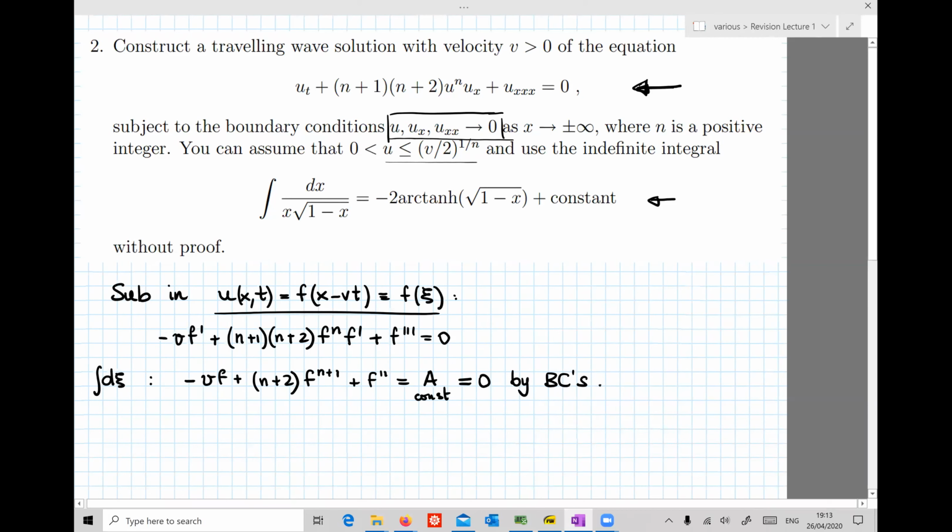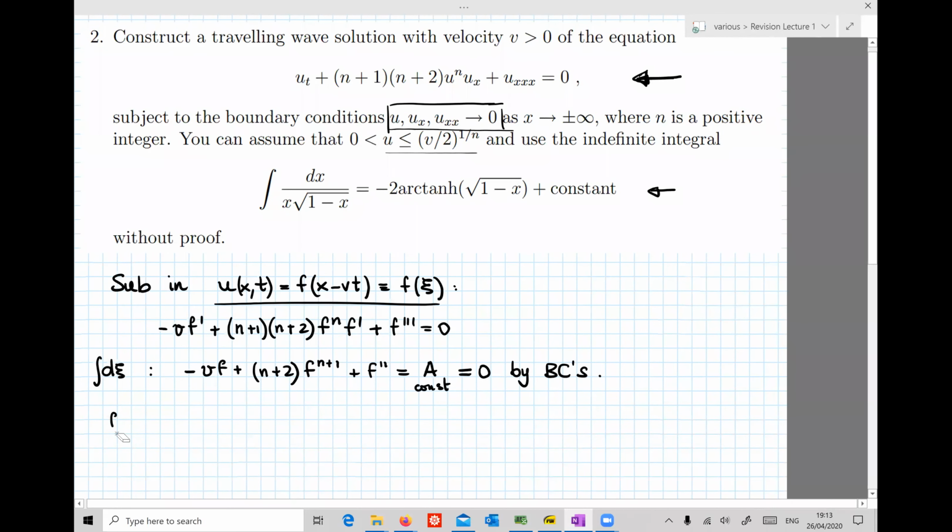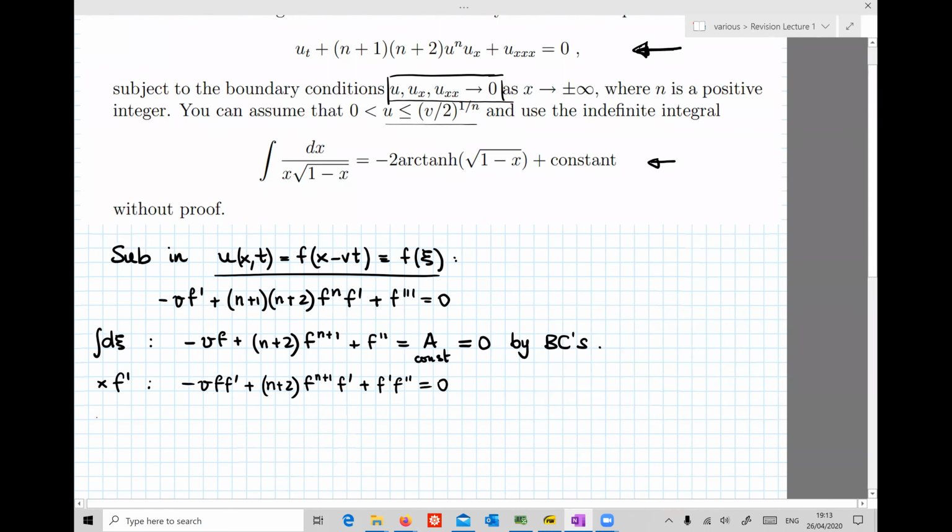Okay, so now to integrate once more, I will first multiply by f prime and then integrate. So I get minus v f f prime plus (n plus 2) f to the n plus 1 f prime plus f prime f double prime is equal to 0. And now we can integrate over xi again.